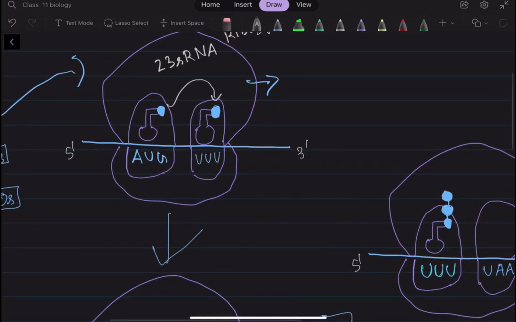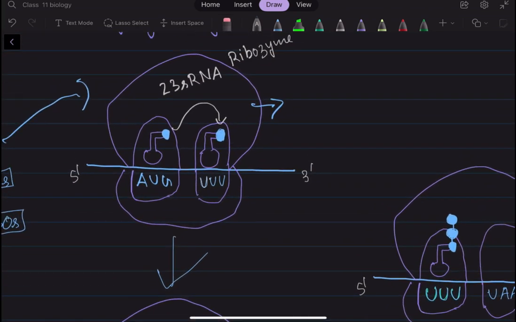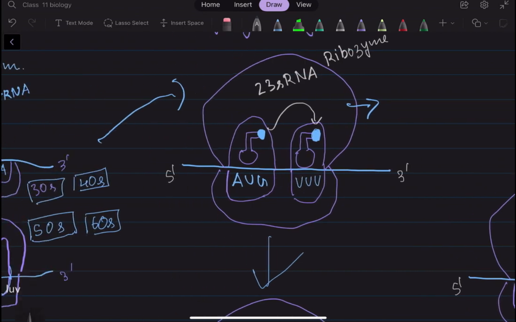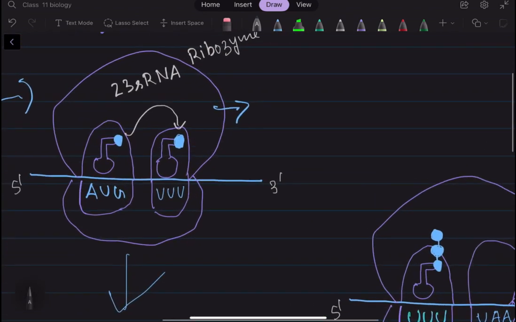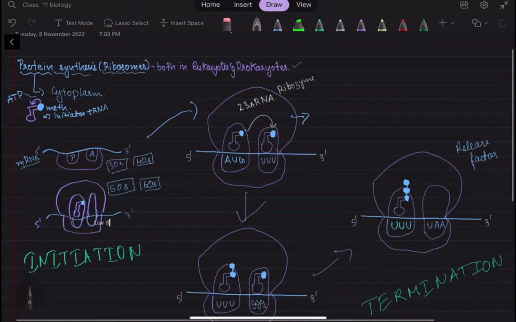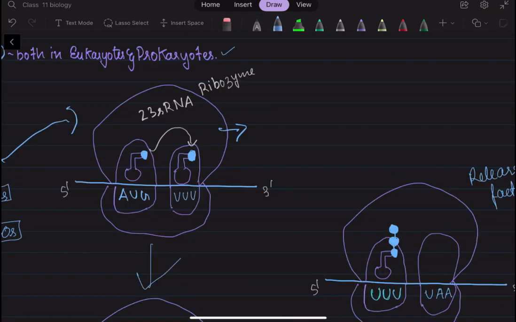Now, after that, the next codon is read. So here we have UUU. Another tRNA, which is responsible for carrying phenylalanine, because UUU codes for phenylalanine, comes and attaches itself to the A site.